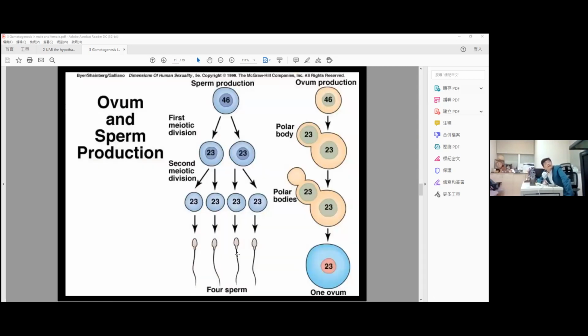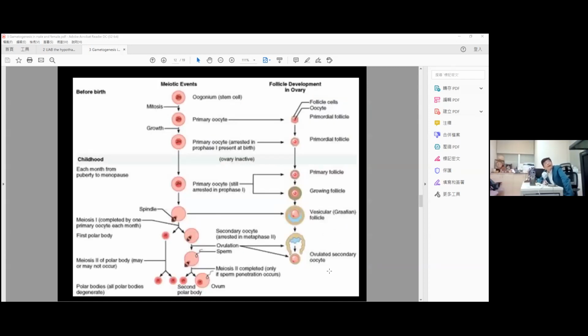When you look at the human, it is 46 chromosomes, and the polar body has 23 chromosomes. The second polar body, and the mature ova has 23 chromosomes inside.